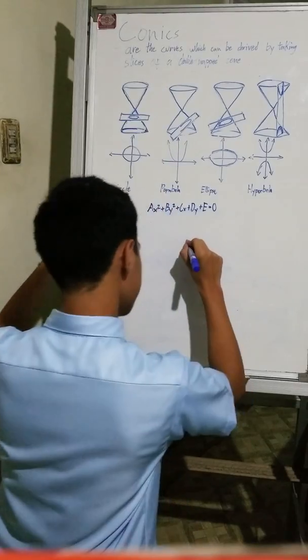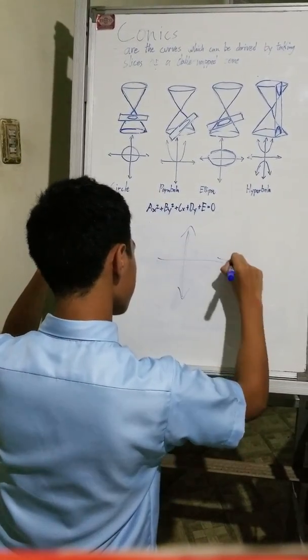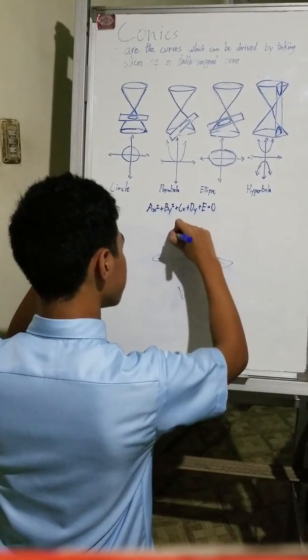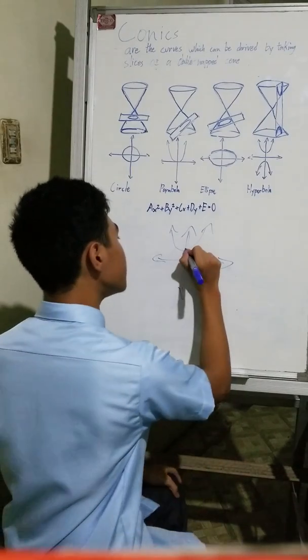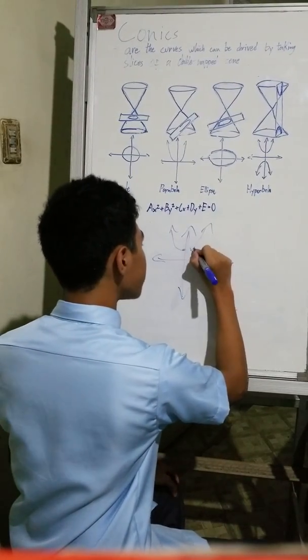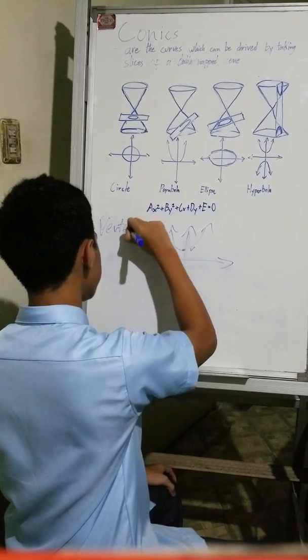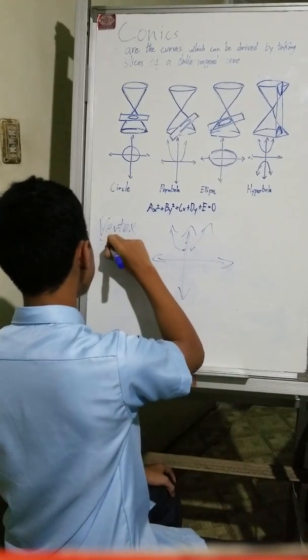Parabolas. Now, for parabolas, there are parts that you need to know. First, this is called the vertex. This is called the focus.